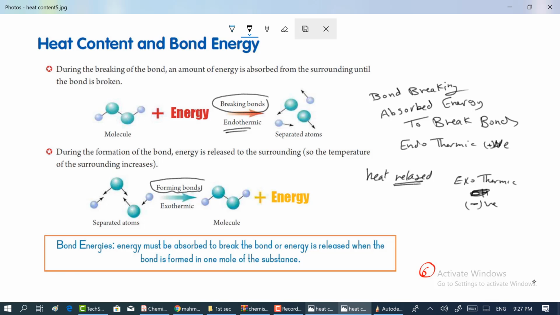So what is meant by the bond energy? Bond energy means the amount of energy absorbed to break the bond or released when the bond is formed, for 1 mole of the substance. Giving an example, we are going to talk about the burning process.